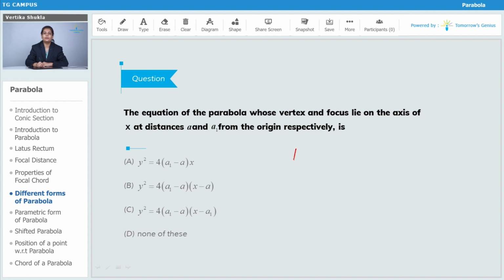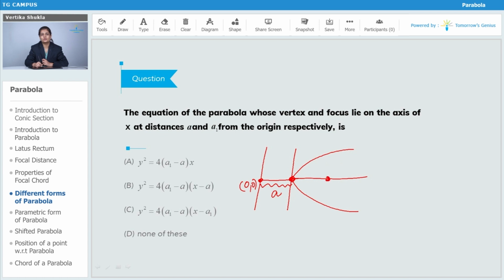Suppose I take the parabola like this. It is of the form y² = 4ax. The vertex is at a distance of a units from the origin. This point is the origin, this distance is a units, and this point is your vertex.